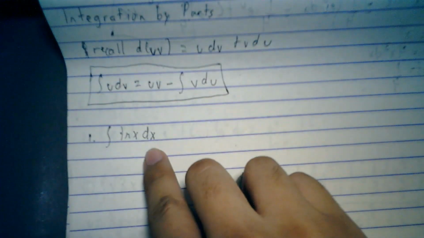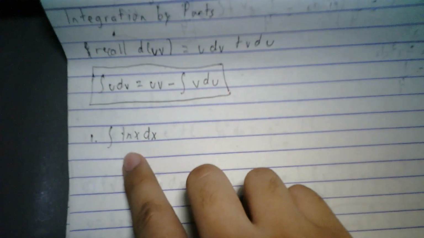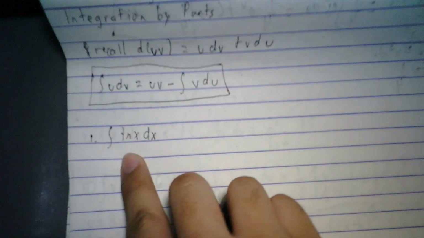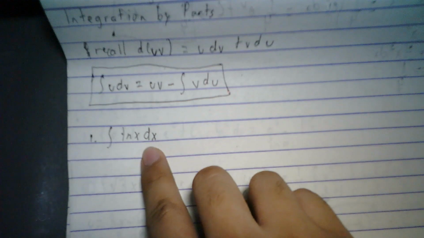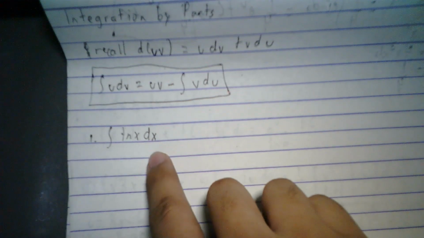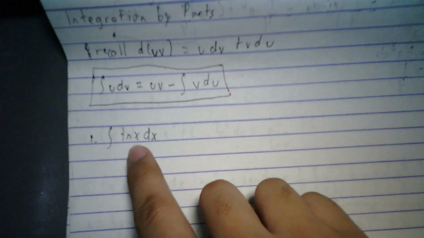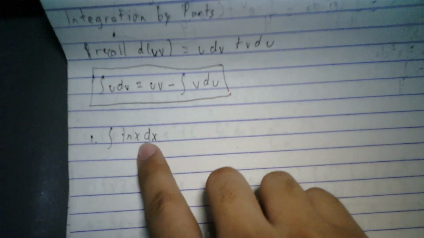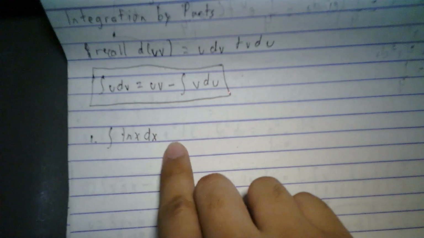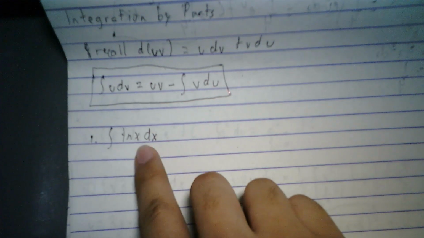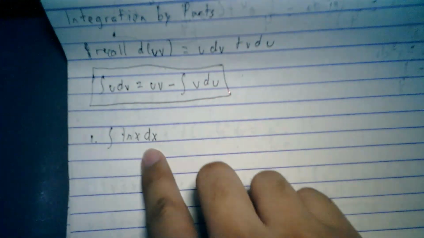First we need to determine the u and the dv here. Quick tip, guys: the dv is located close to the dx part.